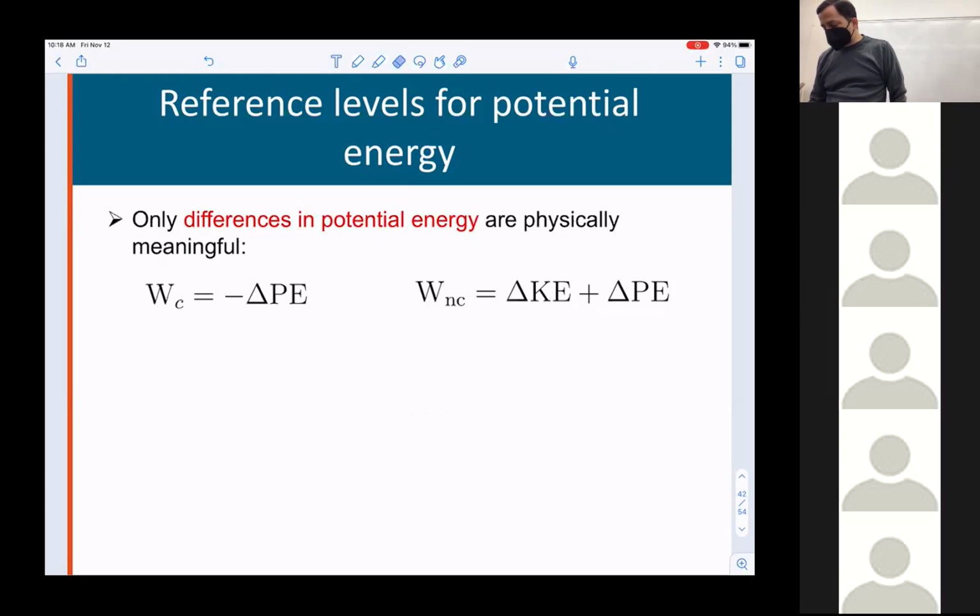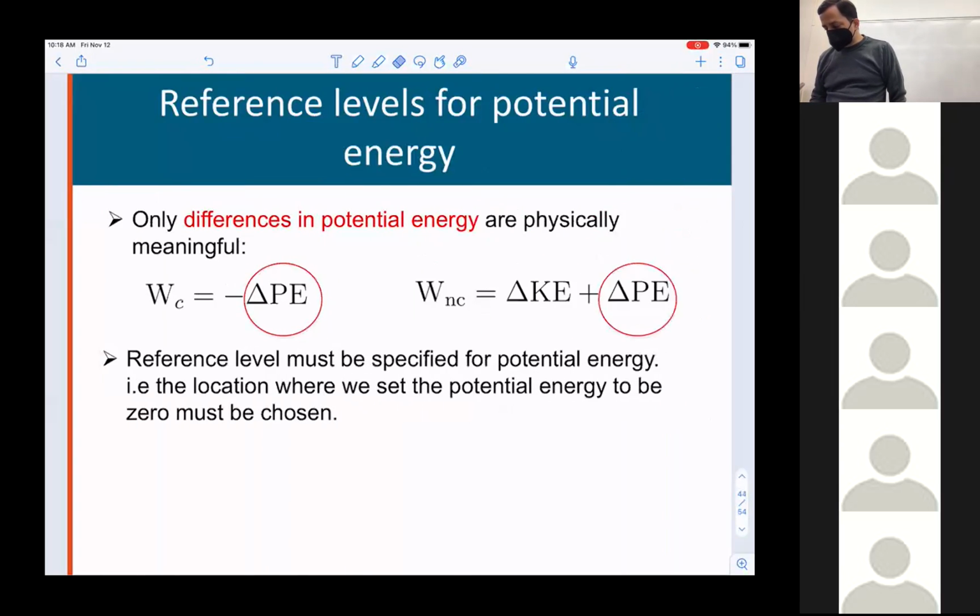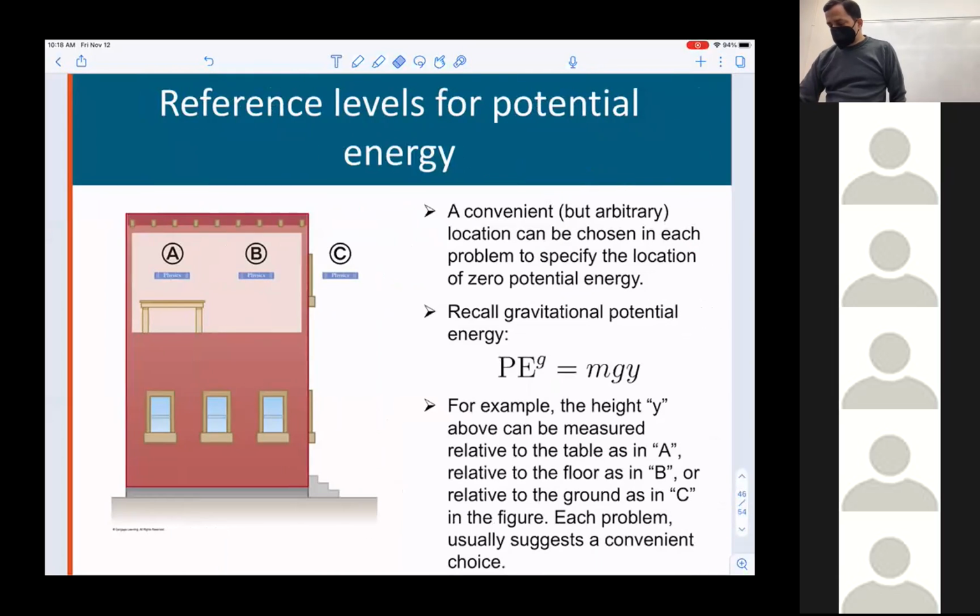So in other words, let me say it in this way. Here's a book that is sitting, these three books are all the same height, right? They're all the same height. But I could still say that their potential energy, mgy, can have a different number depending on what you call y equaling zero. So if I say that my y equaling zero is the surface of the table here, then the mgy will just refer to this height.